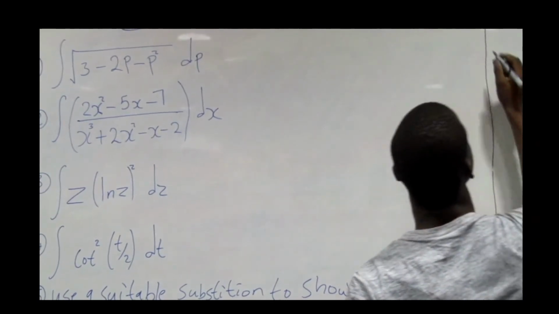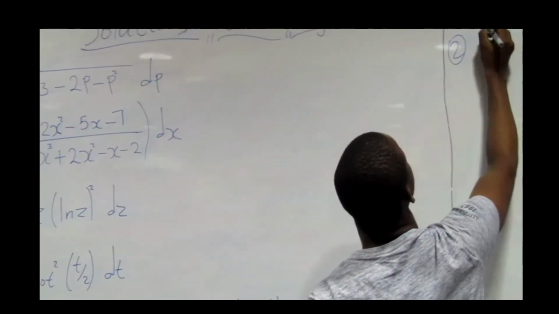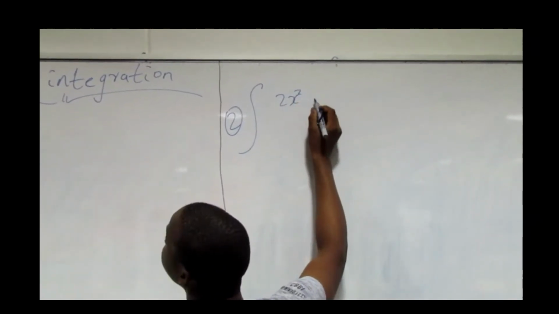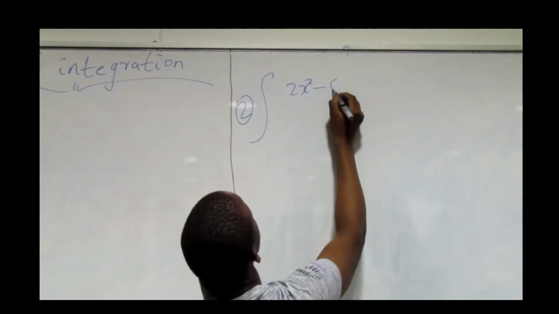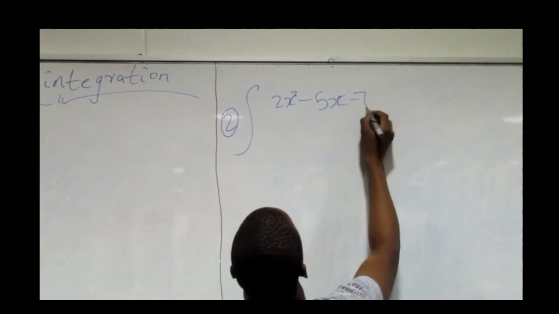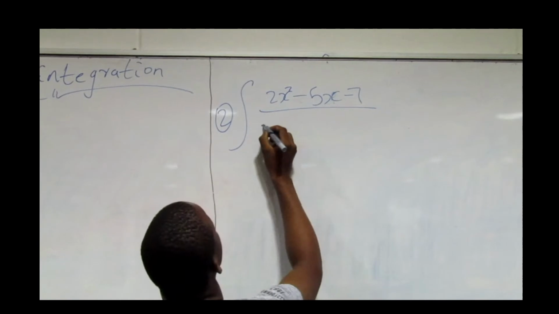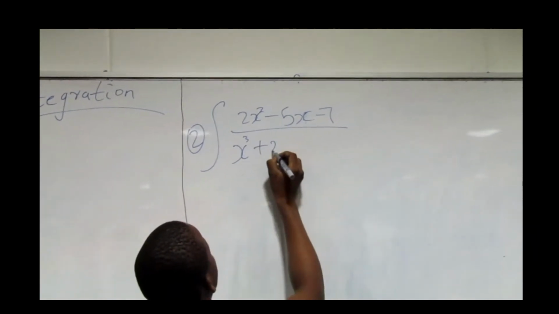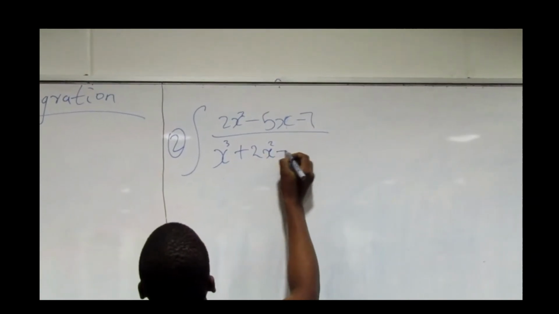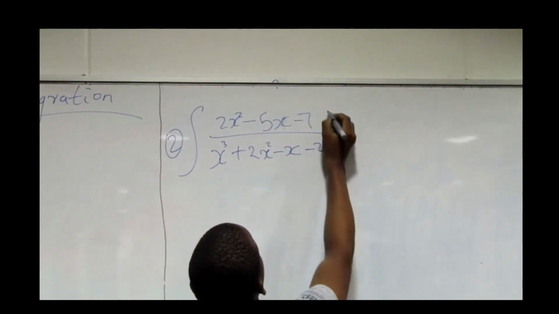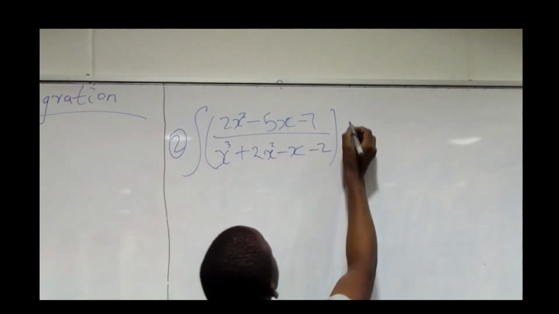Our number two is we're given the integral of (2x squared minus 5x minus 7) over (x cubed plus 2x squared minus x minus 2) dx.